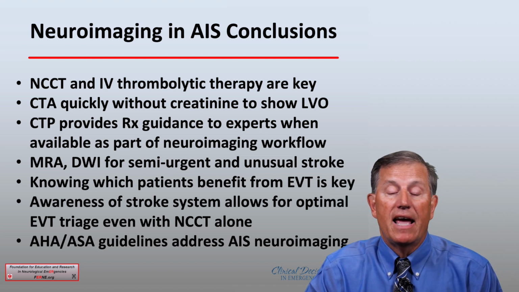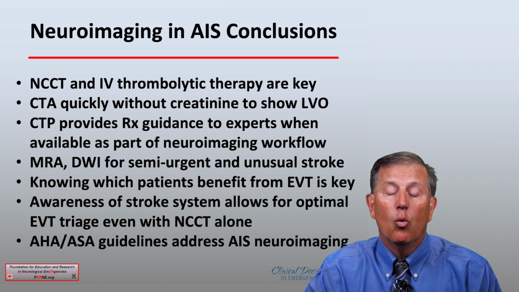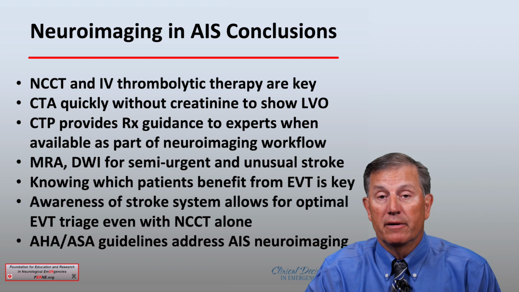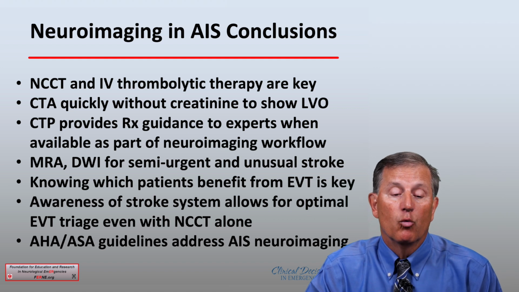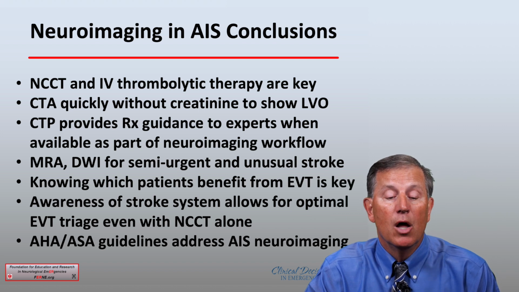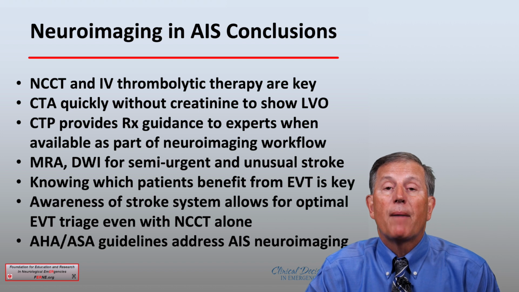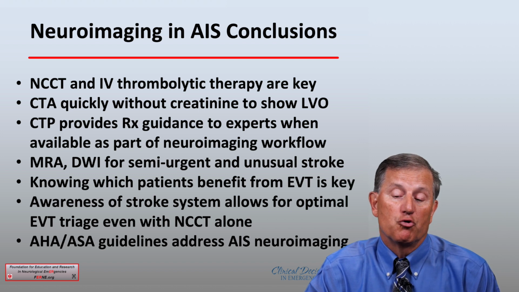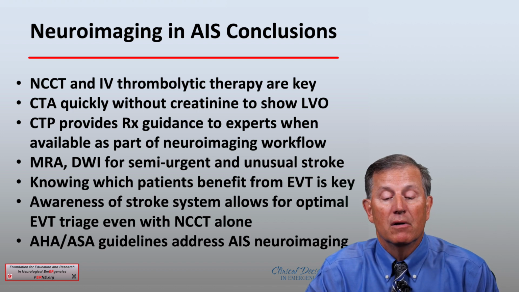We know that CTA can quickly identify a lesion without the need of creatinine, and a large vessel occlusion can often be demonstrated reliably with a CTA. We know that CT perfusion provides treatment guidance to experts when it is available as part of the neuroimaging workflow. We know that MRA and DWI are used for semi-urgent and unusual strokes, as in young patients.